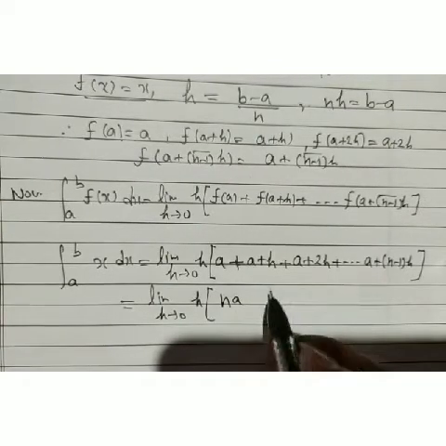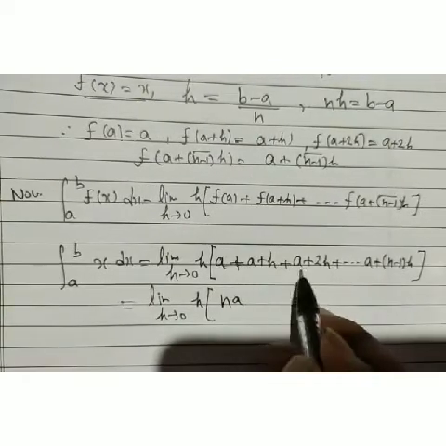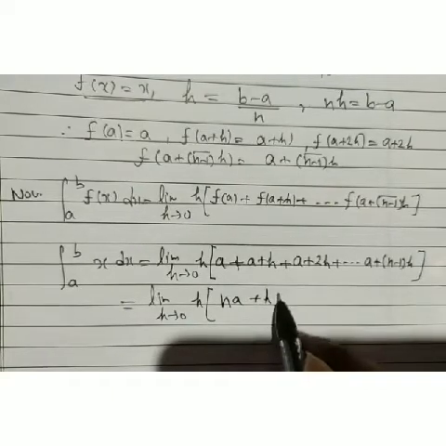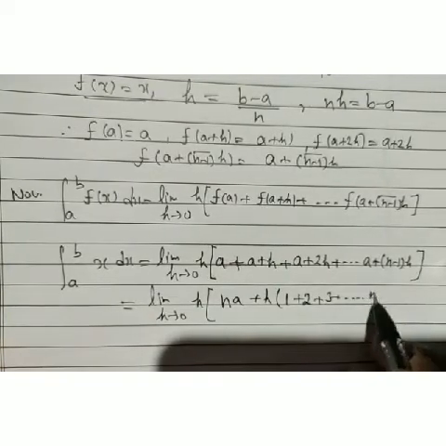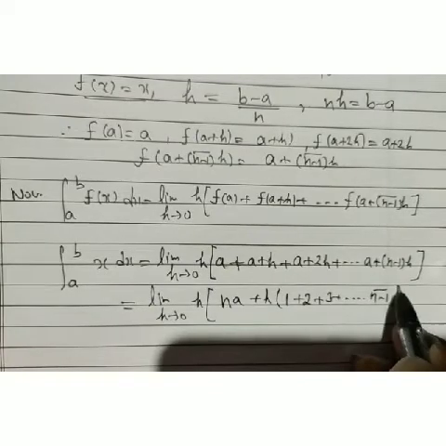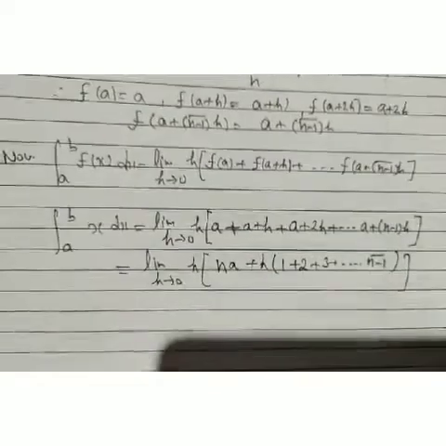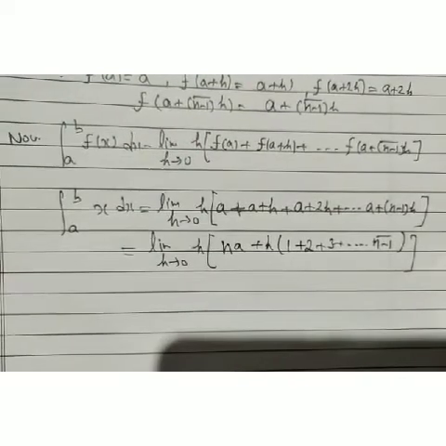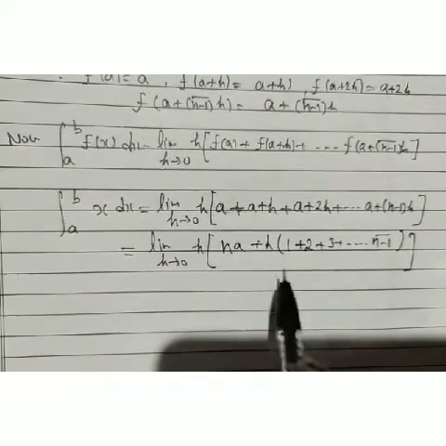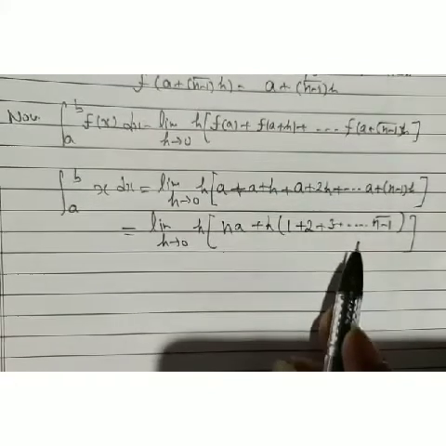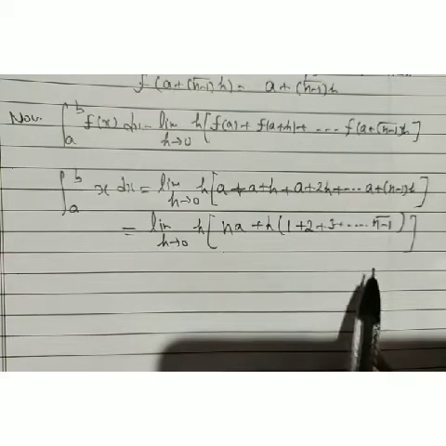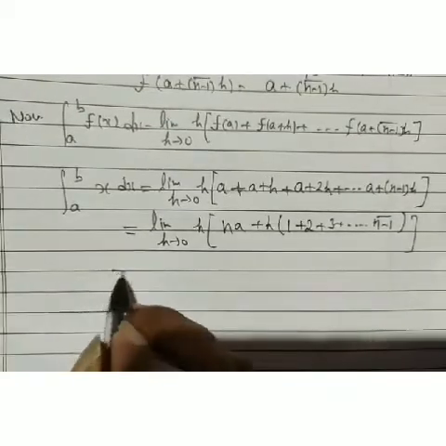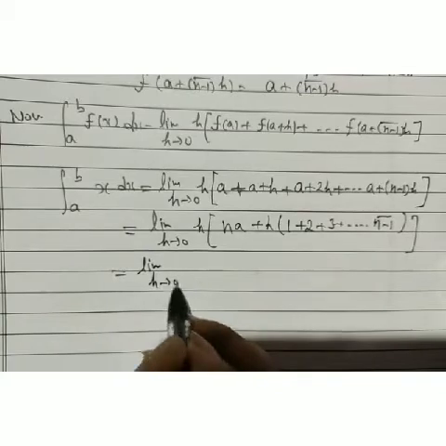Now from here we take h common, and then we get 1 plus 2 plus 3 and so on, and the last term is n minus 1. We have already discussed the sum of n minus 1 terms recently. Its sum is given by (n minus 1) n by 2. Then we put the sum here, n minus 1 by 2, and now limit h tends to 0 of h.